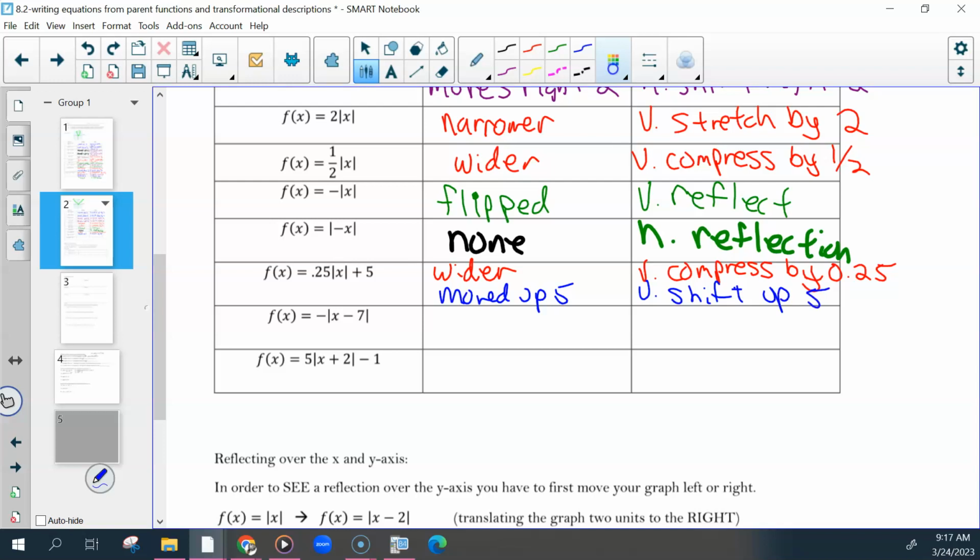For the next one, what two things happen? And again, you can graph it or compare your previous notes. It was split.